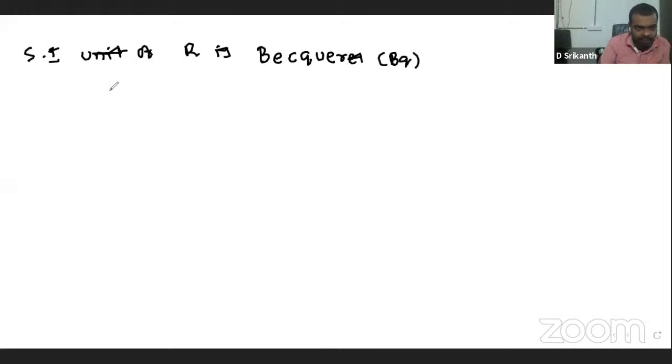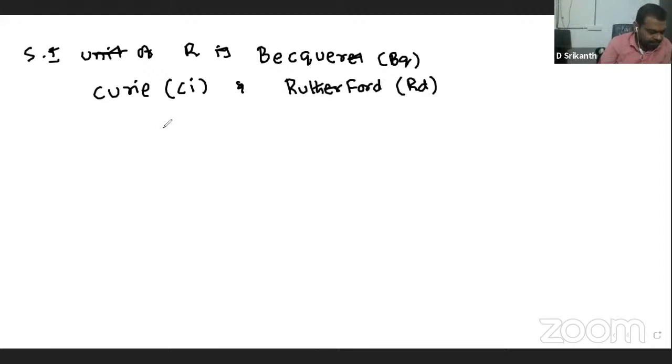Other units are the curie, that is Ci, and the rutherford. All are scientists who explained radioactivity. 1 becquerel is equal to 1 decay per second.